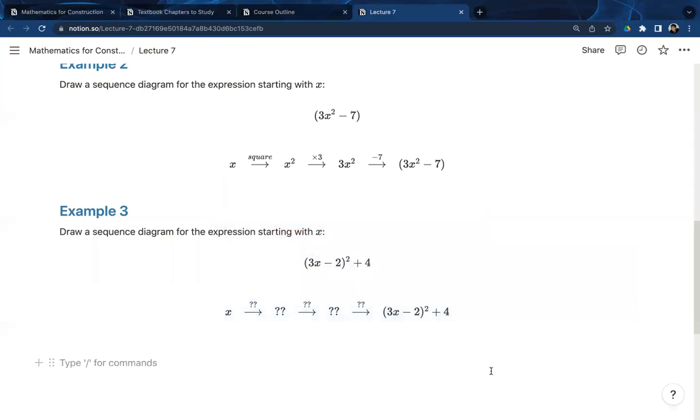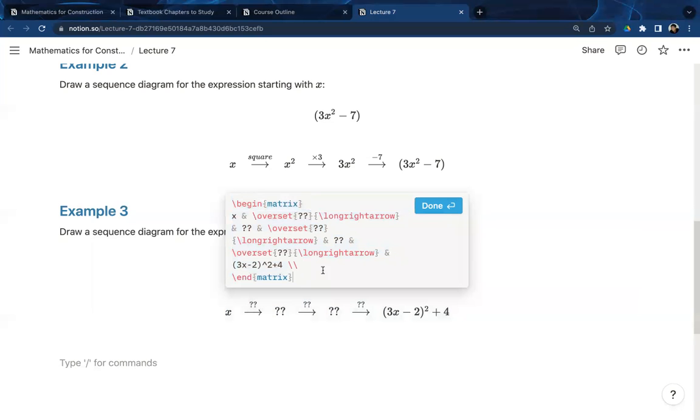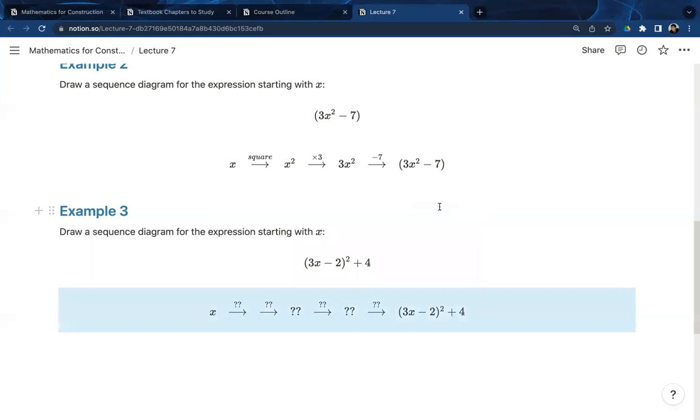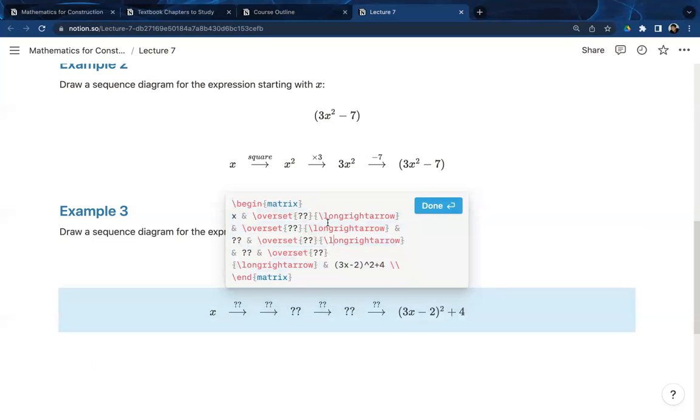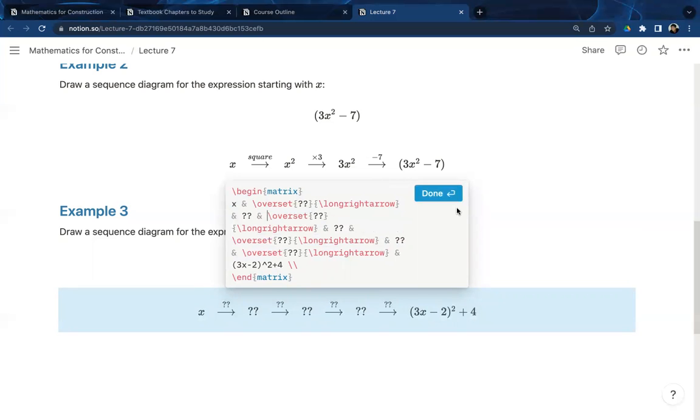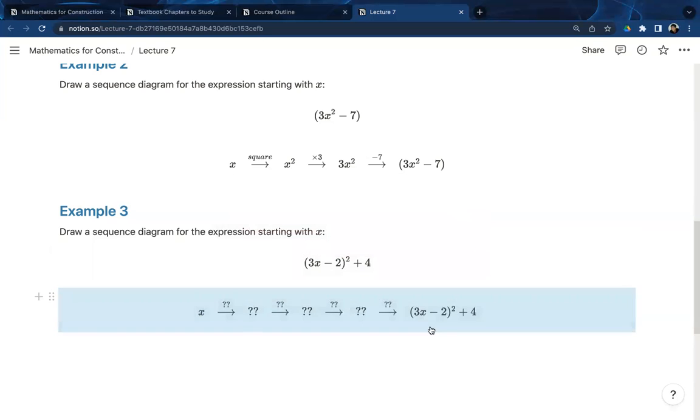So this is one you could try here. It might have several steps to this. Starting with x and you want to get the expression, how would you do this?